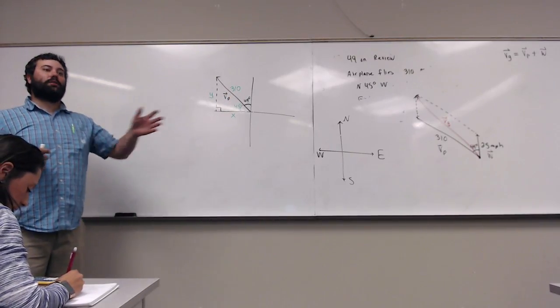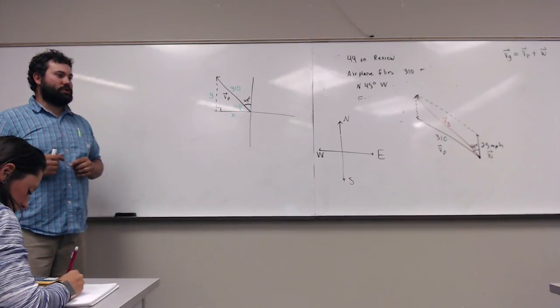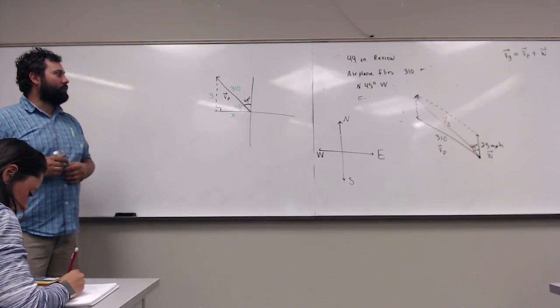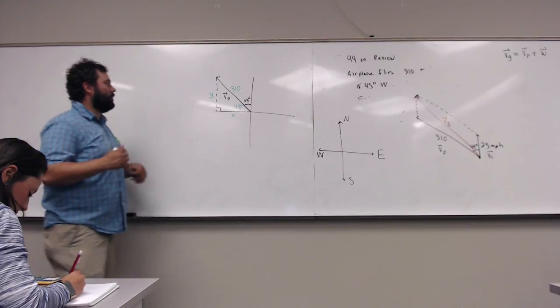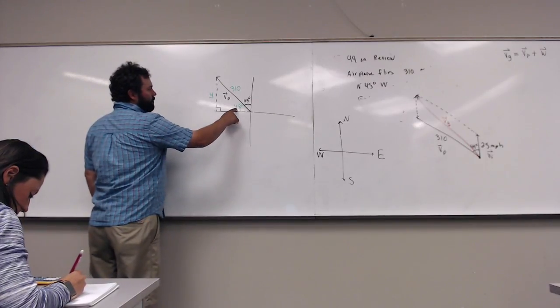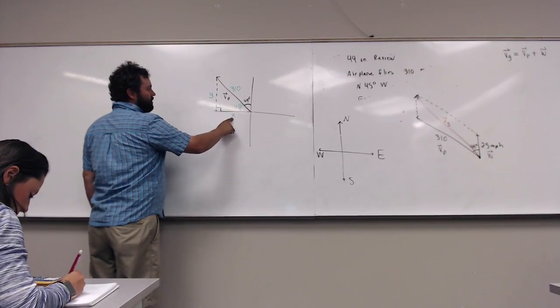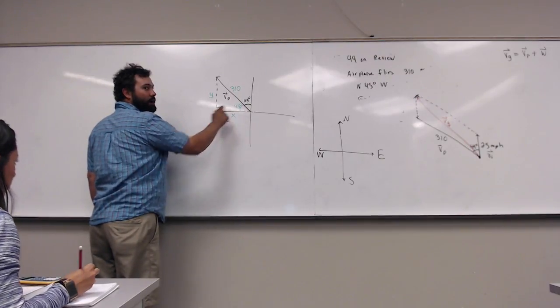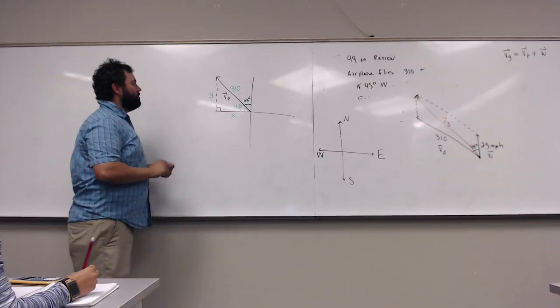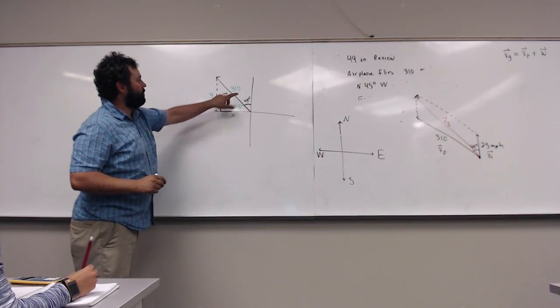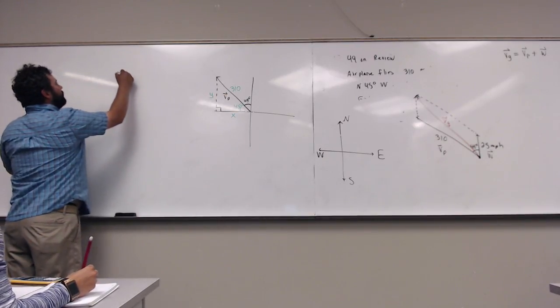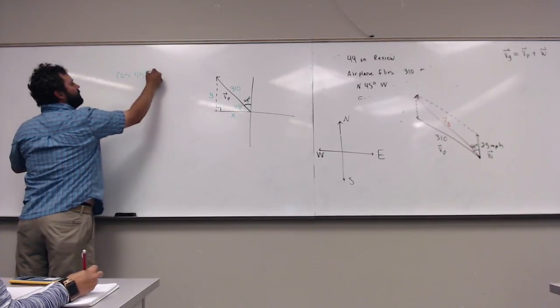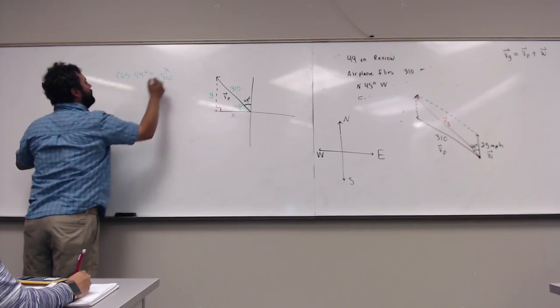The length of a vector is what gives you the speed of the object. They told us the plane was flying 310 miles per hour. So what's a trig function that's going to relate this side to the 310? If I apply it to 45, sine is opposite over hypotenuse, cosine is adjacent over hypotenuse. So we can do cosine 45 degrees equals x over 310.